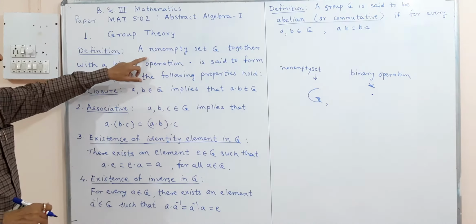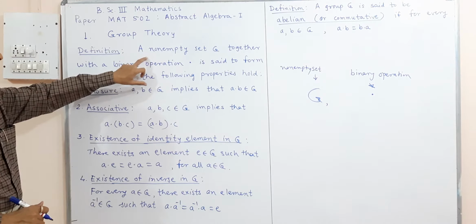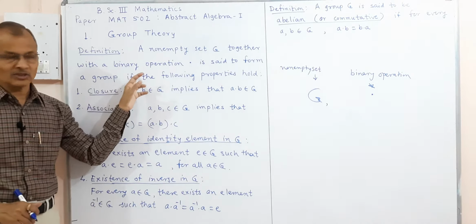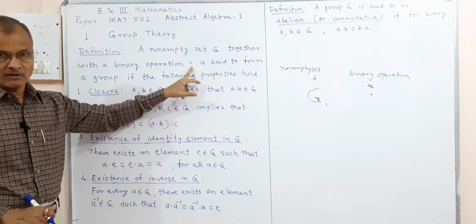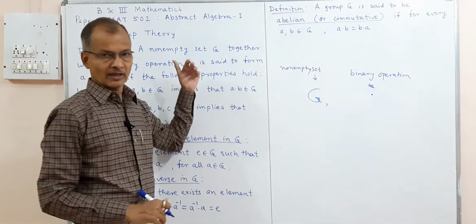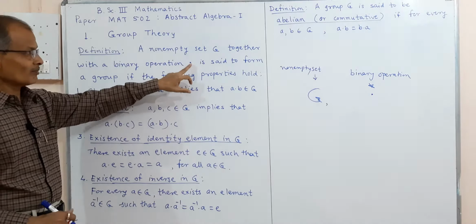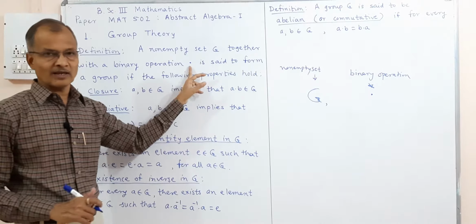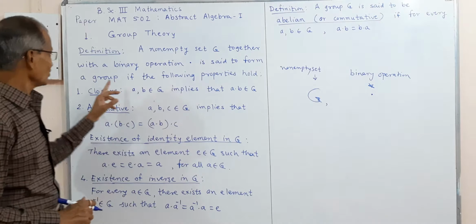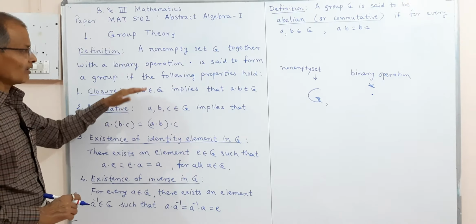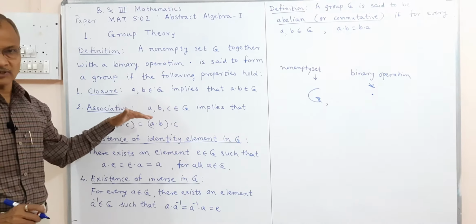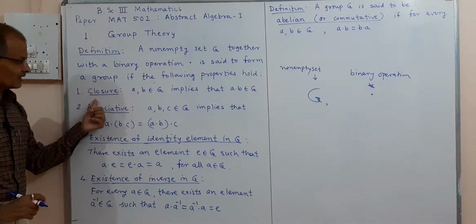Now, as we considered at the start, a non-empty set G together with a binary operation, which may be denoted by any symbol, asterisk or dot or any other, we denote here by dot, or we may say as a product, is said to form a group if the following properties hold. These are simple properties but important.